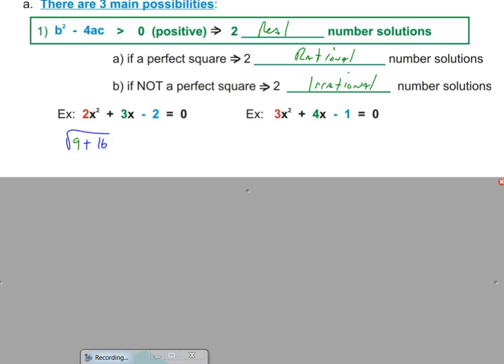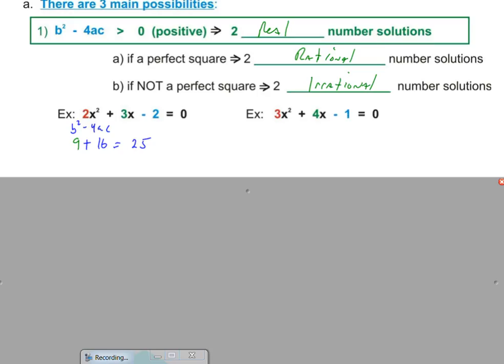Oops, shouldn't even have my square root symbol there. That's what happens when you try to go fast, because all we care about is b squared minus 4ac. So again, let me slow down for a minute for you guys. This is b squared minus 4ac, right? b squared, 3 squared was 9. Minus 4 times 2 is a minus 8, times a negative 2 is a positive 16. Value of the discriminant is 25.